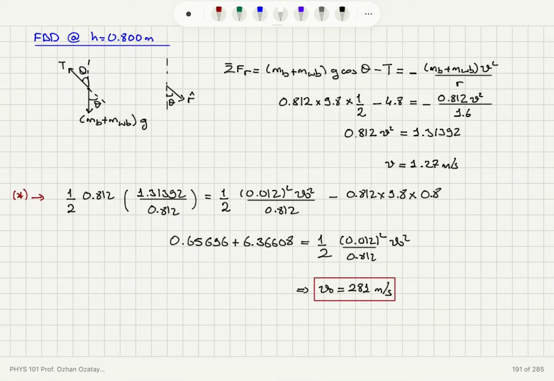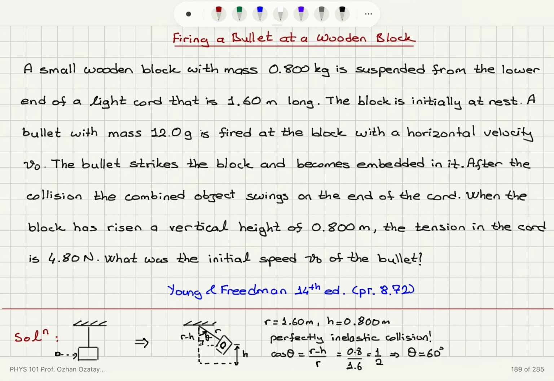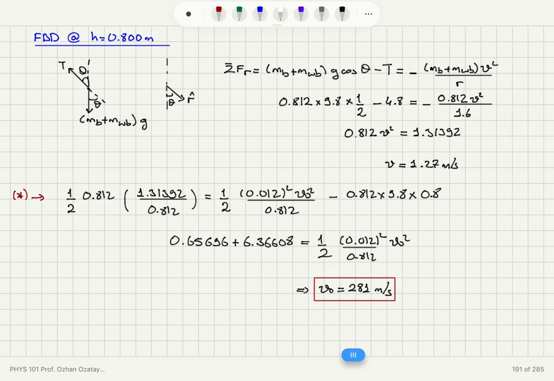So if I look at the situation at a certain height, at this angle theta, which I have found to be 60 degrees from the geometry here, I can write the net radial force to be the component of the total weight on the radial axis minus the tension. This is basically a centripetal force, so this must be equal to minus the total mass v square over r.